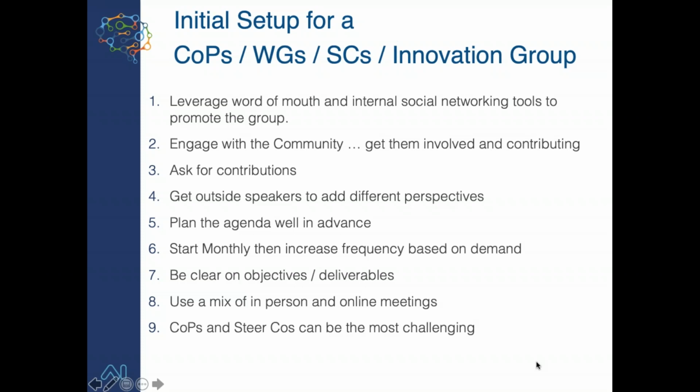When I set up the machine learning working group at Credit Suisse, I think our first meeting we had like 3 people, and it was a very small start. But I leveraged those people to bring their teams in and to spread the word and to use that word of mouth to bring people into the group, essentially.